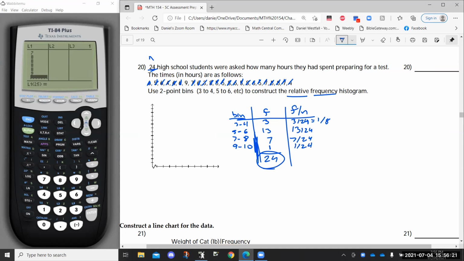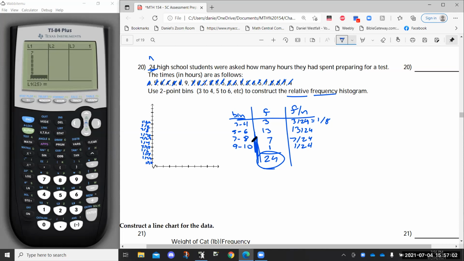So if I make these 24ths here, I do 1 out of 24, 2 out of 24, 3 out of 24, 4 out of 24, 5 out of 24, 6 out of 24, 7 out of 24, 8 out of 24, 9 out of 24, 10 out of 24, 11 out of 24, so on like that.